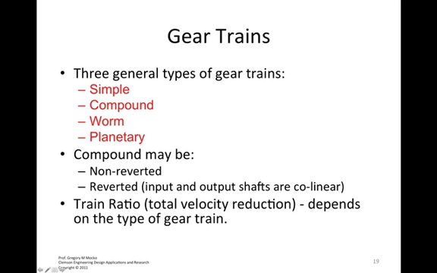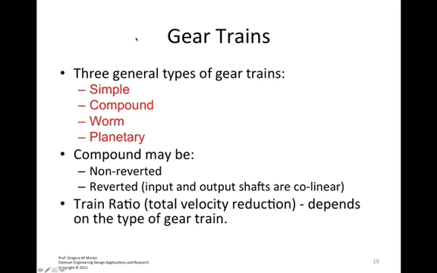These you will find in most manual transmissions of automobiles. Planetary gear sets you find in automatic transmissions. And a new term that I want to introduce is the idea of train ratio. Train ratio is either the velocity ratio or the torque ratio. The range of train ratios depends on the type of gear train available.